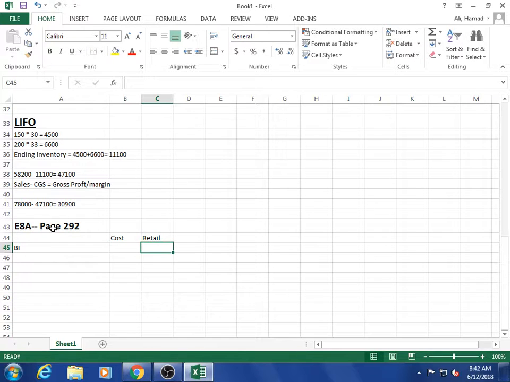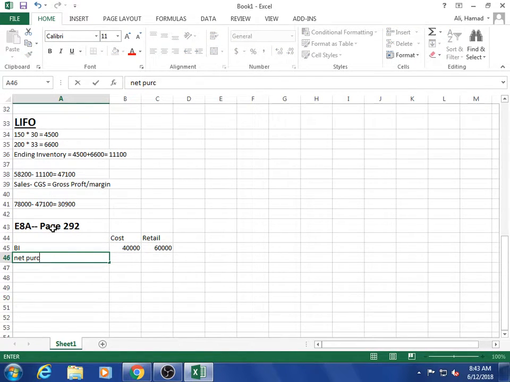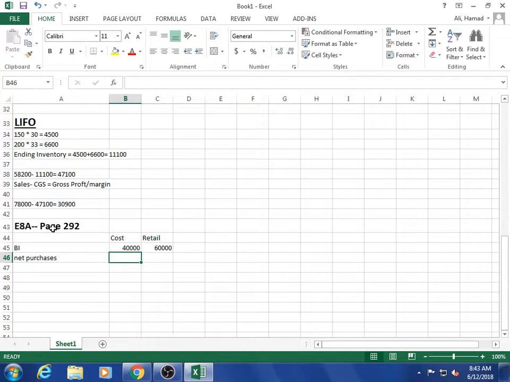Beginning inventory at cost is 40,000. At retail, it's 60,000. And then net purchases at cost 140,000, and at retail 220,000.